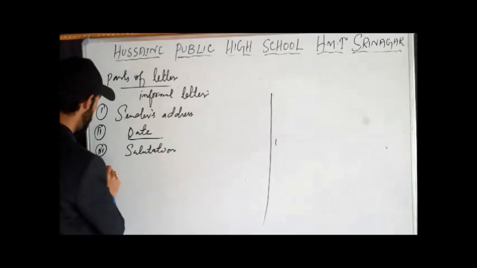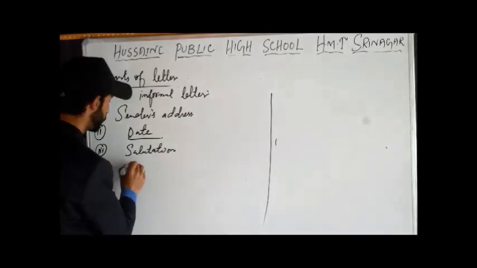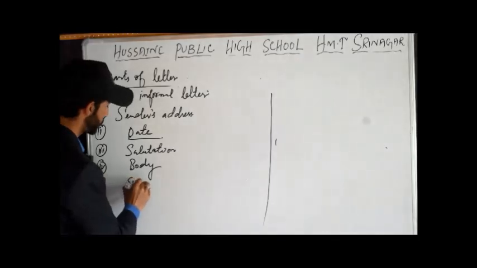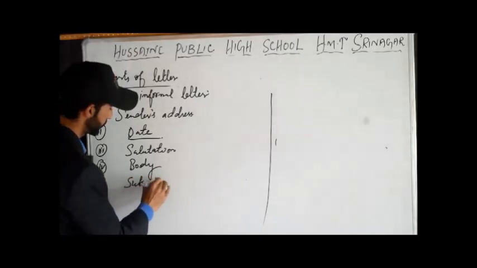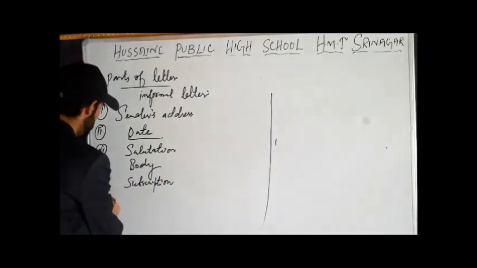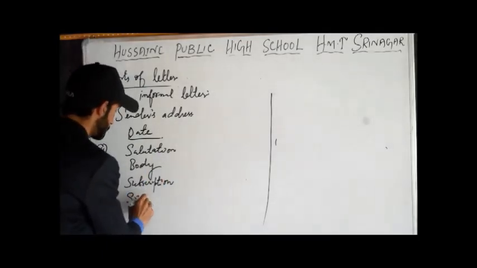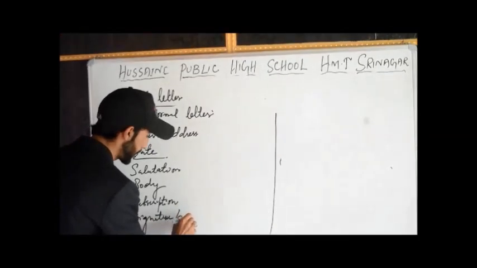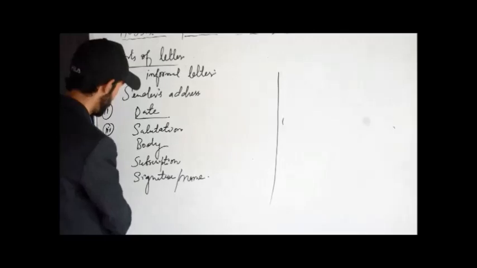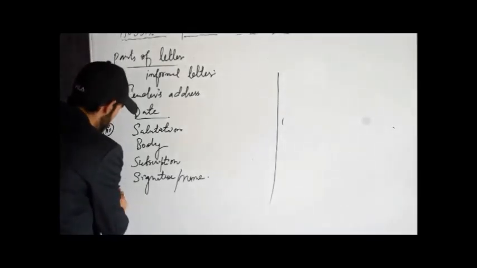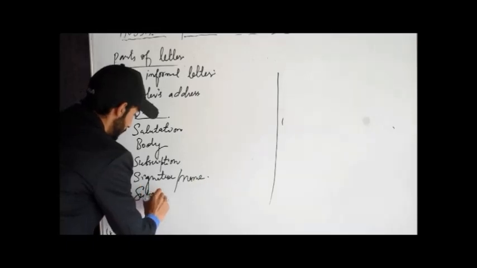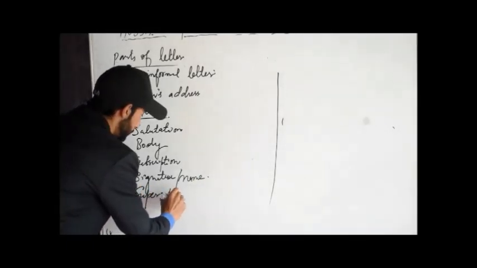We write salutation, then body, then subscription, then signature, or we can say here we write the name of sender. Then seventh, the super subscription.